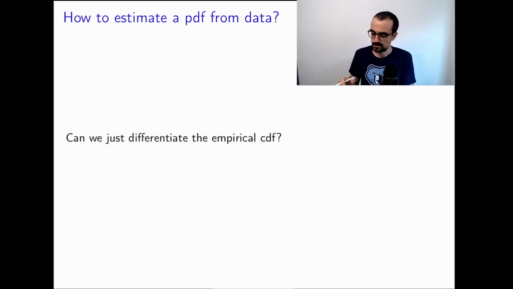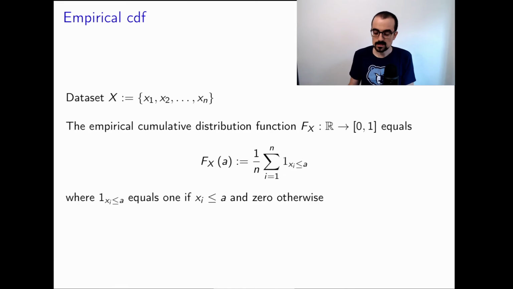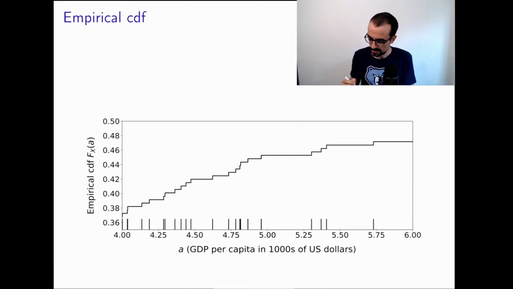It would not work, because if you remember, the empirical CDF is computed by counting how many points are to the left of any particular value a, and computing their fraction. And that fraction only changes at the data points. So here's an example where we were computing the empirical CDF of GDP per capita.